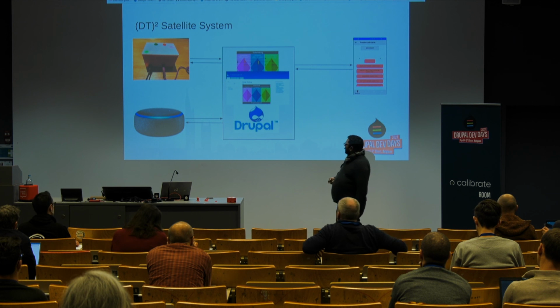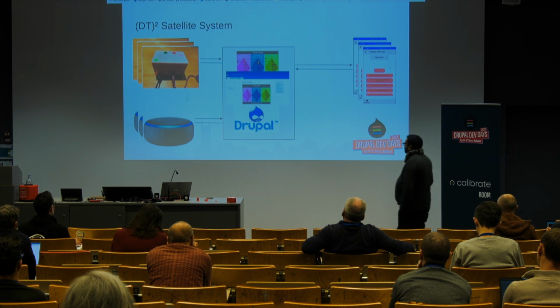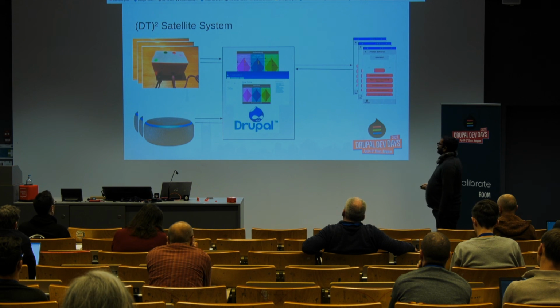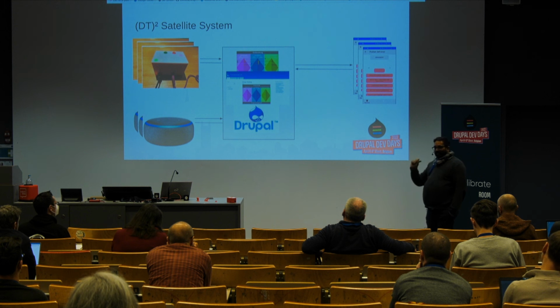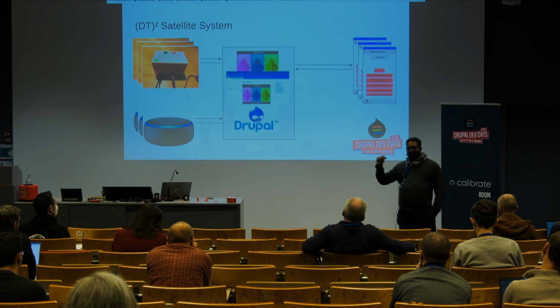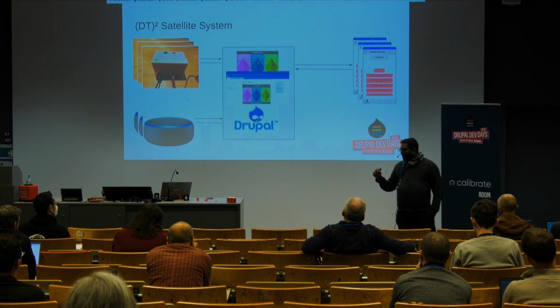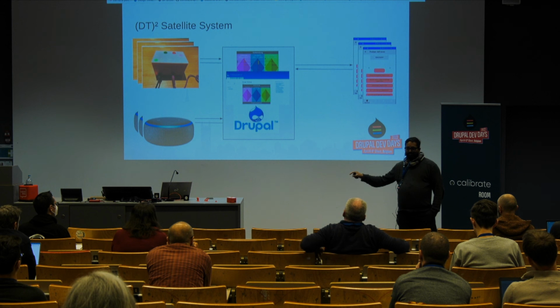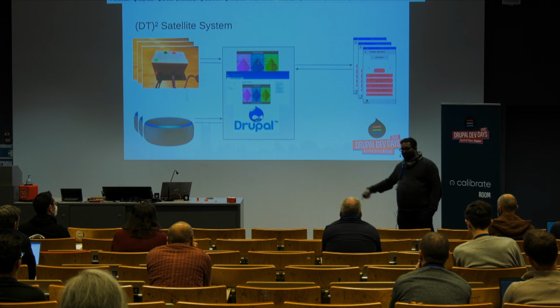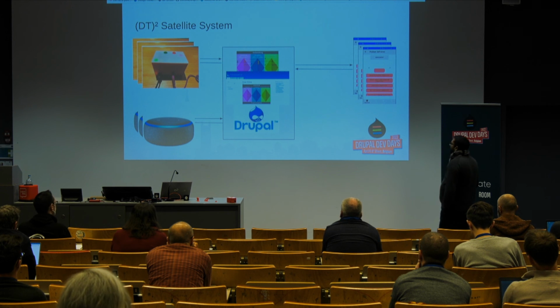And you can also scale this, because the app is obvious. Alexa is also obvious, and this box talks to the Drupal instance and authenticates with the MAC address. So you can just scale it, so there's no problem about it.